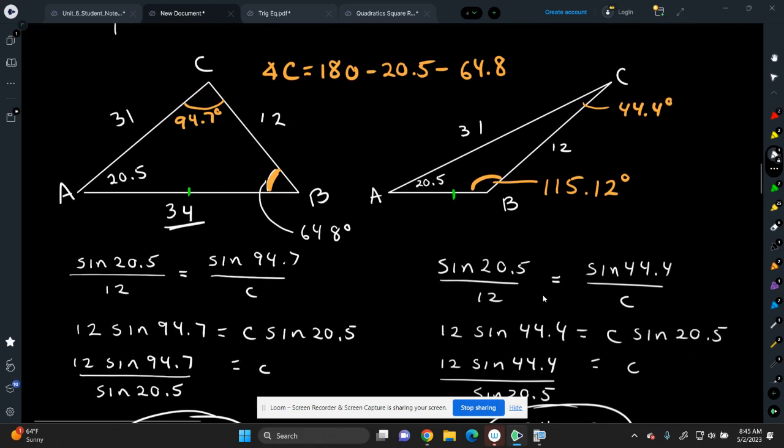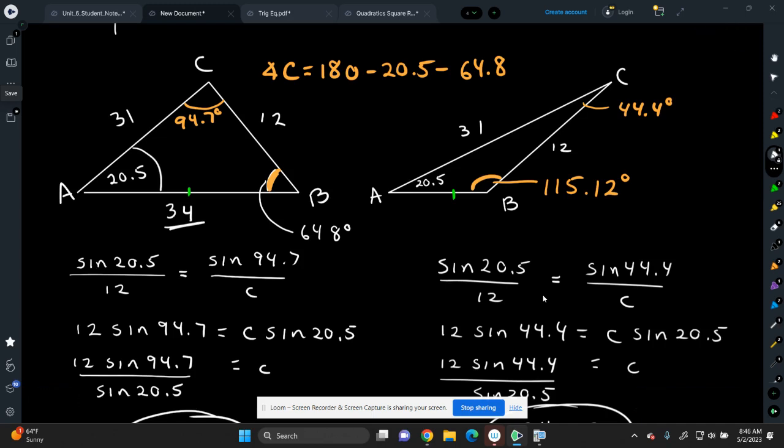Anytime we're solving for the angle, let me restate that. Anytime we have a triangle that only has one angle, we have to consider that it might be two triangles. One is an acute triangle and one is an obtuse triangle. So if you only start with one angle, we have to consider the fact that we might have two triangles.